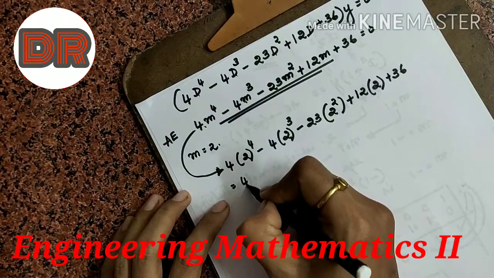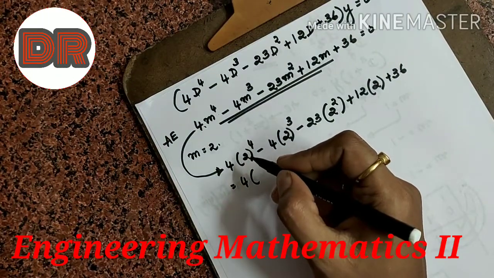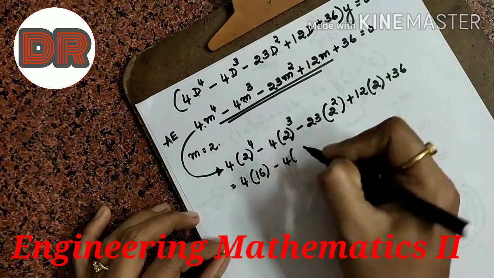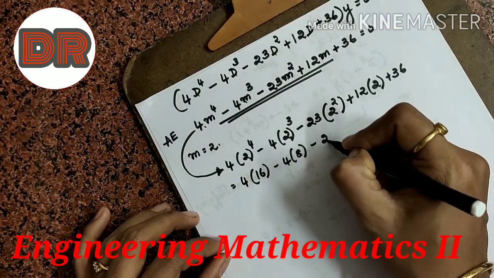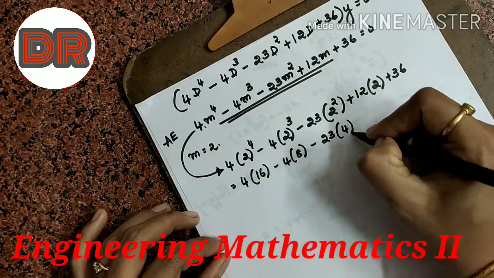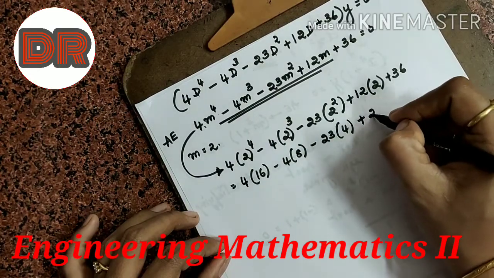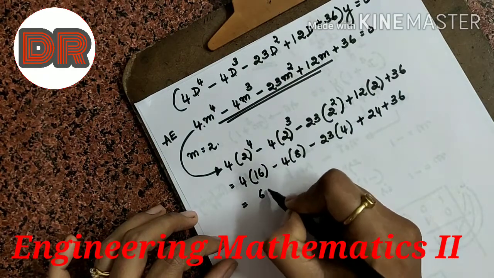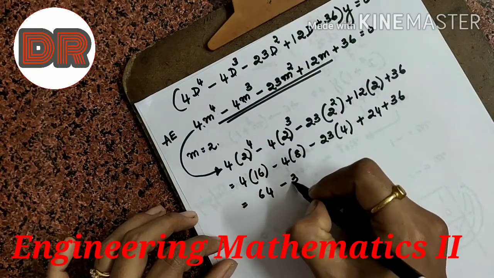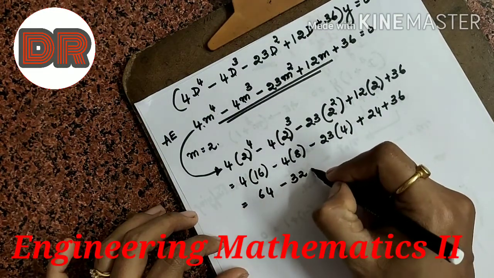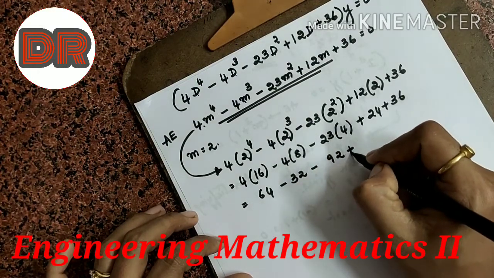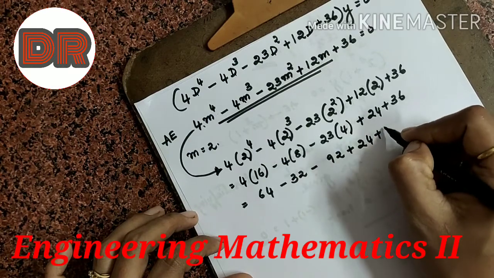So this gives me 4 into 2 to the power 4 is 16, minus 4 into 8, minus 23 into 4, plus 12 into 2 is 24, plus 36, and this gives you 64 minus 32 minus 92 plus 24 plus 36.